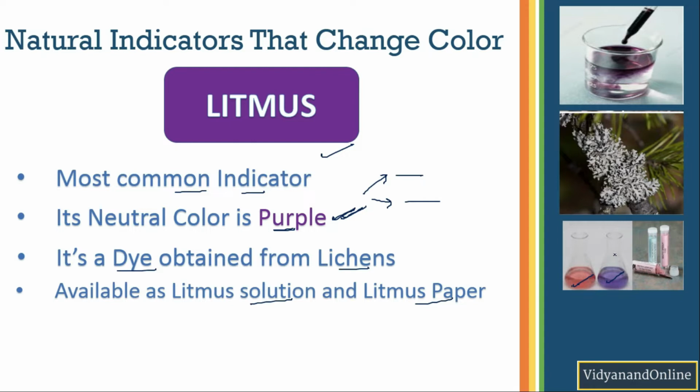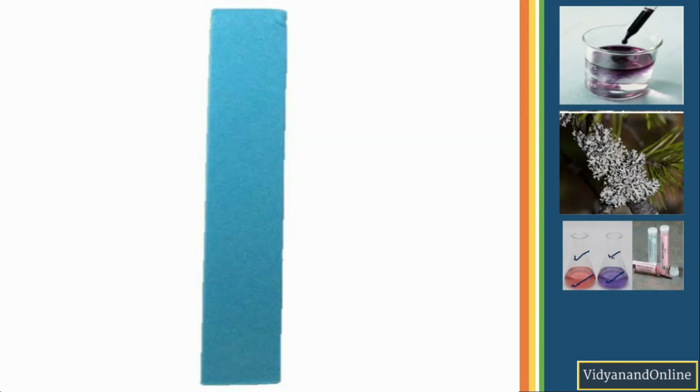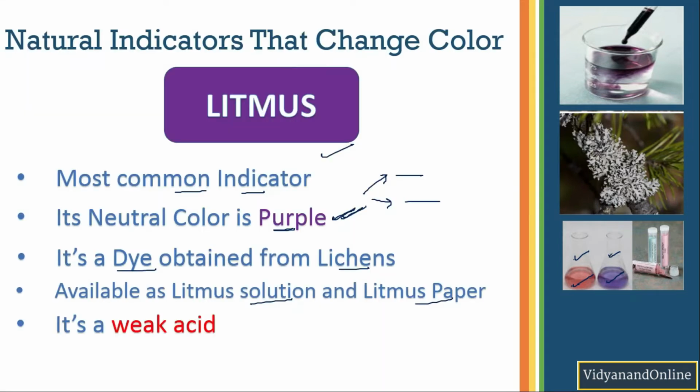Also, whenever you dip this solution into paper, you get litmus paper. If you dip the red litmus solution into paper, you get red litmus paper, whereas if you dip the blue litmus solution in paper, you get blue litmus paper. Also, litmus is a weak acid.